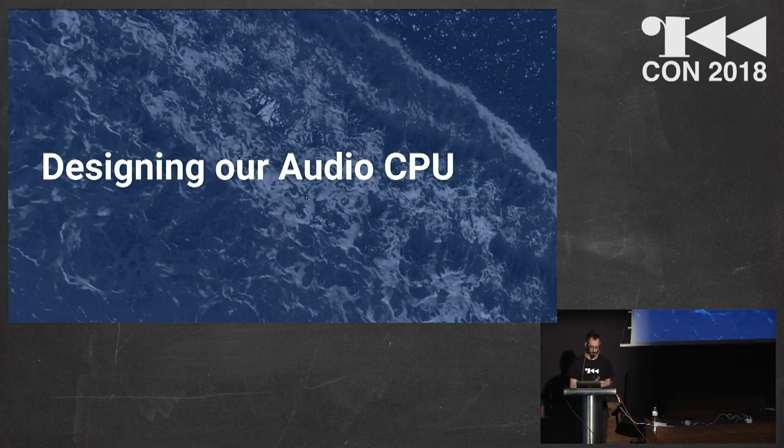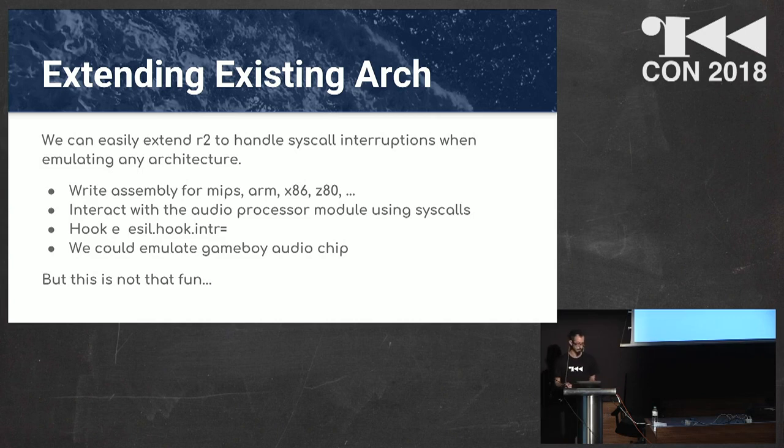So let's design our audio CPU. r2 has ESIL, so we can emulate code. We can create our own music programs using ESIL. This means that we can take, for example, MIPS, ARM, x86, Z80, to write some code, and we can, for example, implement a syscall handler so that when the code is calling an interrupt, it will take the arguments defined in the registers and create a wave.